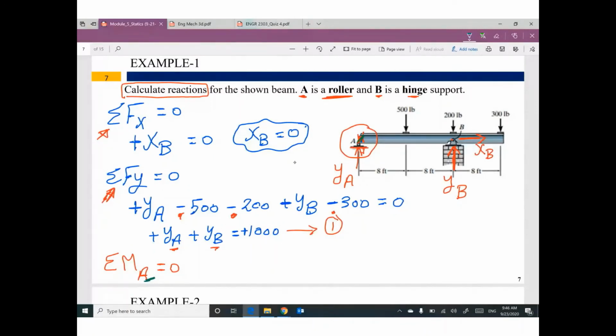What forces do you have? We have YA, first force. Can you tell me what is the distance between force A and the point A? Do you have distance in between? I don't think so. We have 0. Keep going. We have 500.